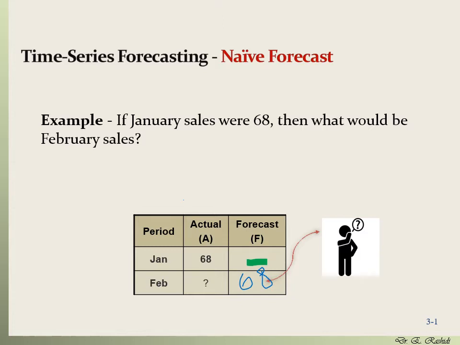So the naive forecasting method is just going to use the previous period's actual value, and use it as the forecast for the next period. So we're going to use the actual sales in January as a forecast for sales in February. As you see, it's very simple and it's kind of naive, but that doesn't mean that it's not useful.